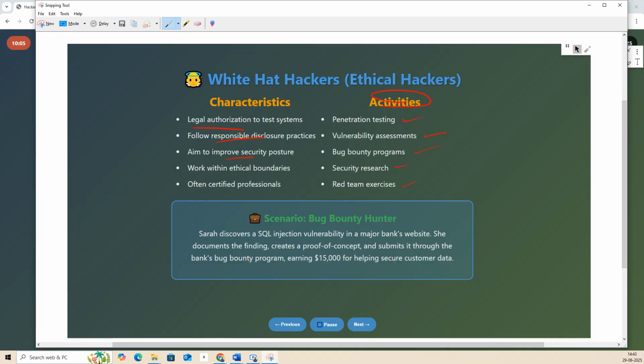Let me give you a real example, one of the scenarios. Let's suppose there's someone called Sarah. She's a bug bounty hunter.